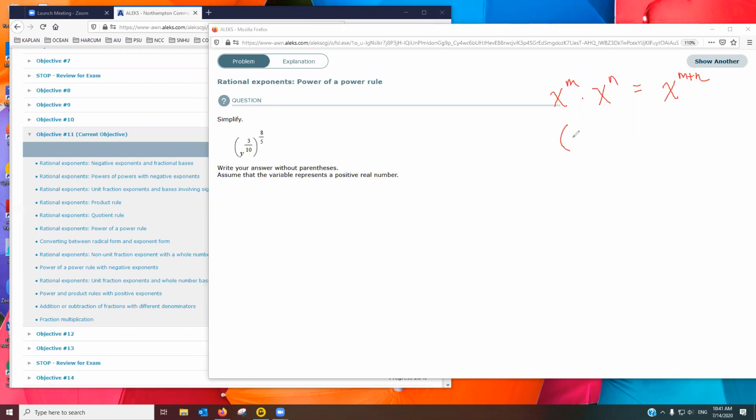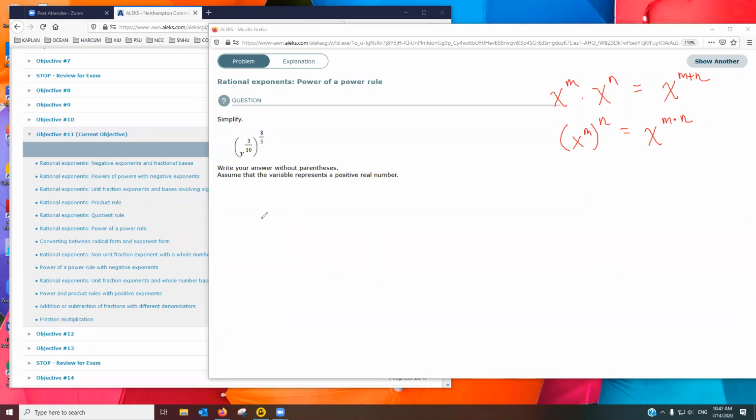Here's another rule. If you have x to the m being raised to another exponent n, this is the scenario where you multiply the exponents together. These rules are in the reference packet, so if you forget these rules of working with exponents, please keep the reference packet handy. But the good news is these rules apply even if the exponents are fractions.